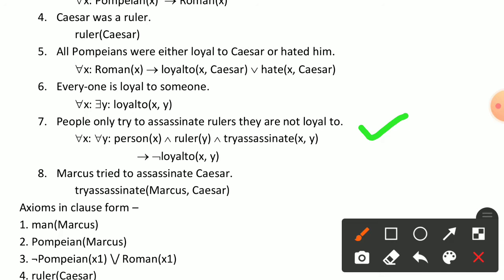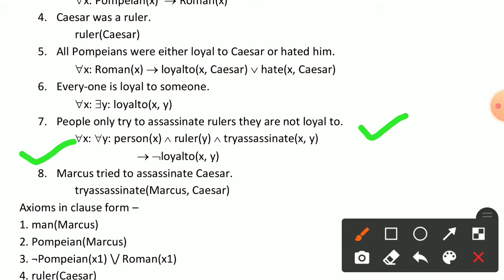So this sentence is written as for all X, for all Y, person X and ruler Y and try assassinate X comma Y implies not loyal to X comma Y. Here we use the symbol for all, for all X and all Y, we use the persons and the ruler, and they try to assassinate different objects X and Y and they are not loyal to X comma Y.